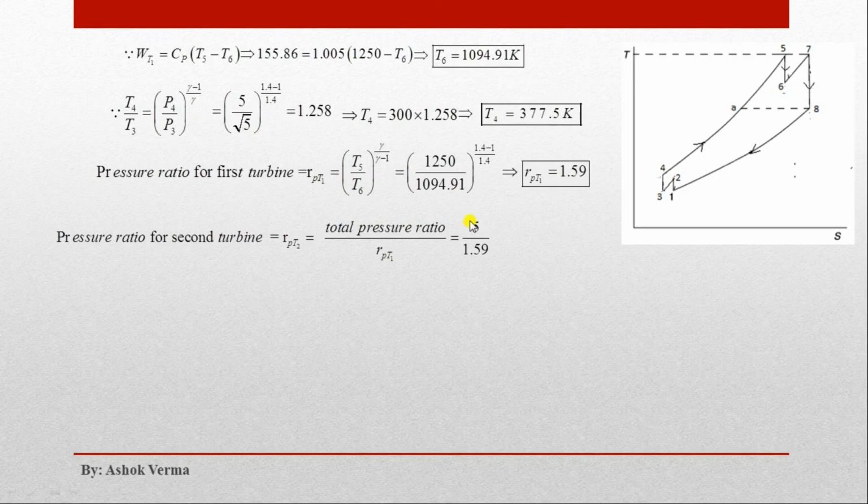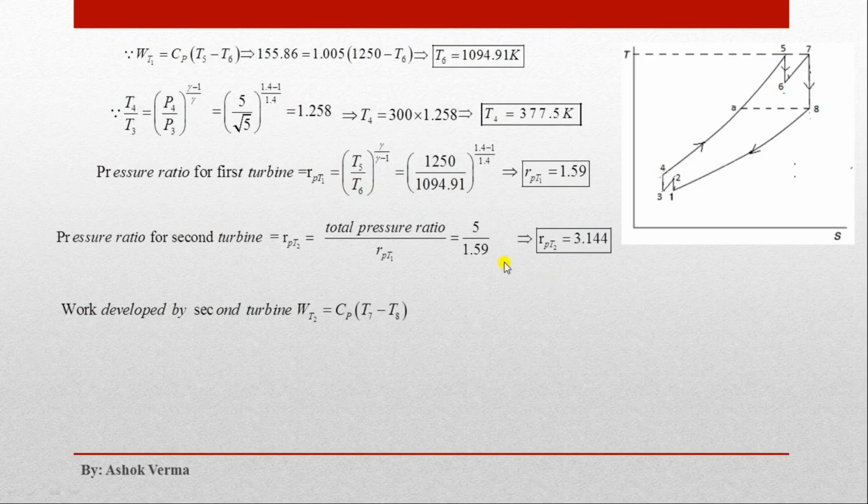The total pressure ratio is 5 and the pressure ratio for the first stage turbine is 1.59. So you can get this pressure ratio, that is P7 by P8 or RPT2, the pressure ratio for the second stage expansion turbine. That is 3.144.